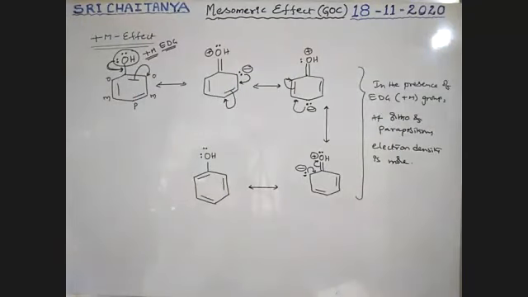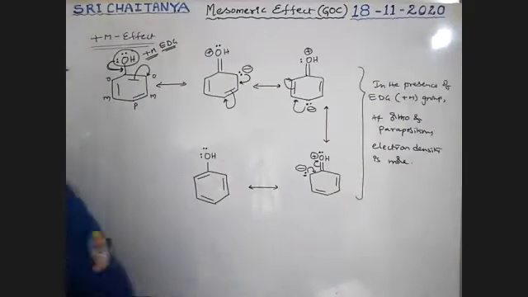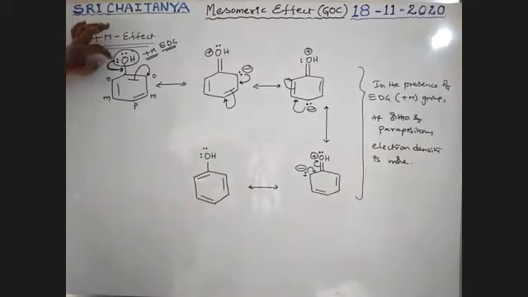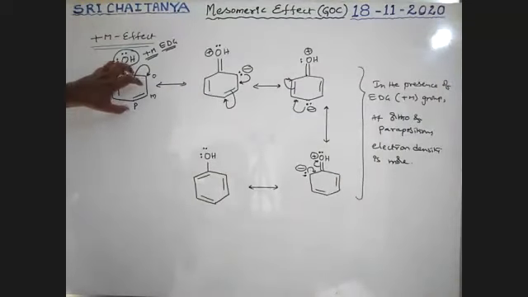Electron density is more at ortho and para positions. That means, at the beginning, these electrons are donated to the benzene ring. Therefore, electron density in the benzene ring is increased because of this donation of the electron pair.